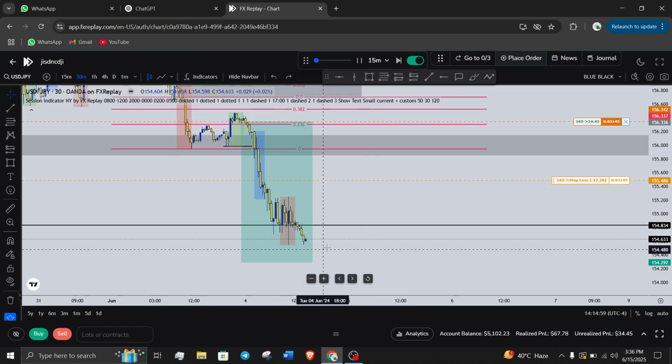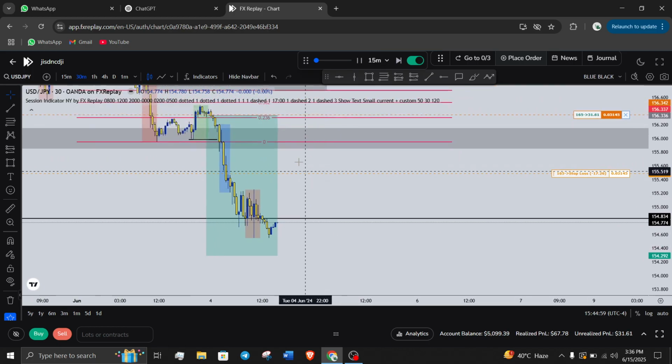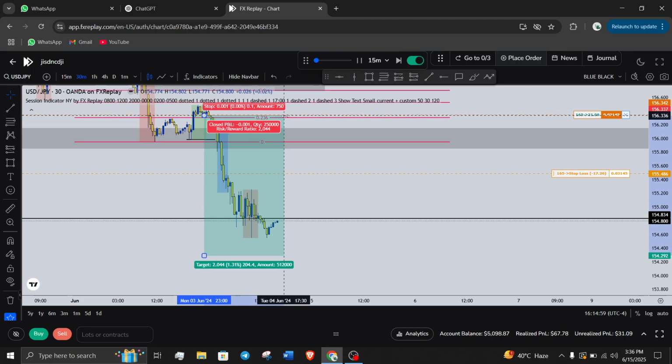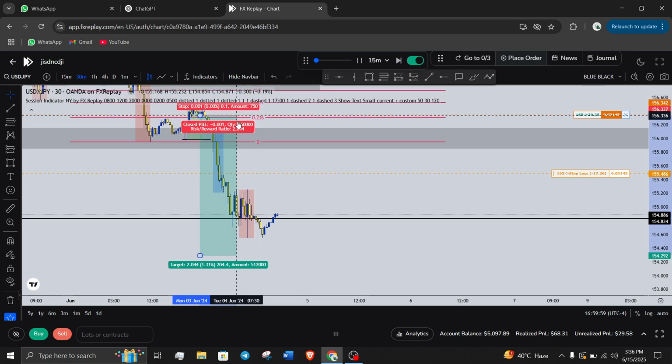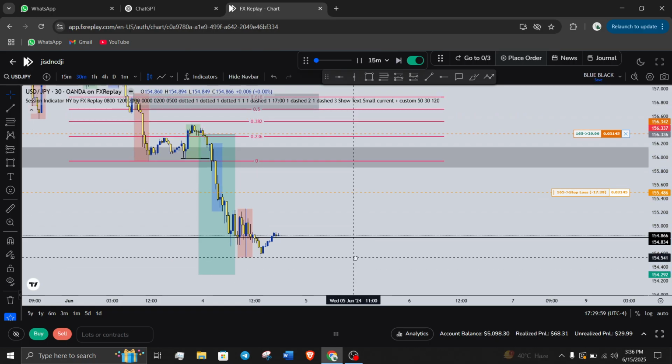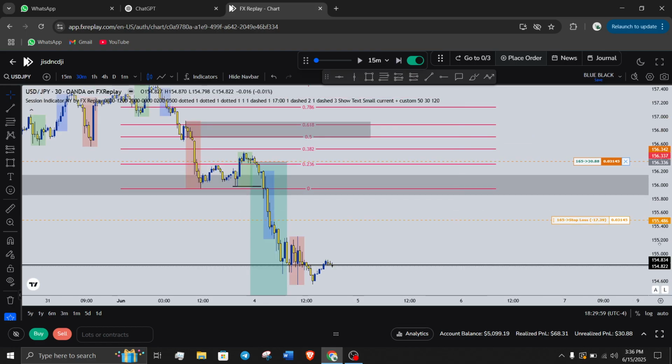If we get a break of structure below, we can trail it even further. I'll just place it right here for cleanliness.